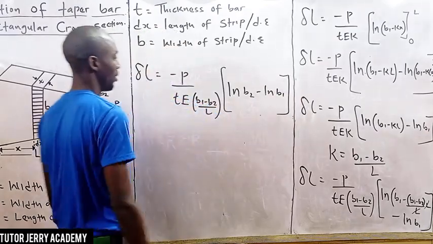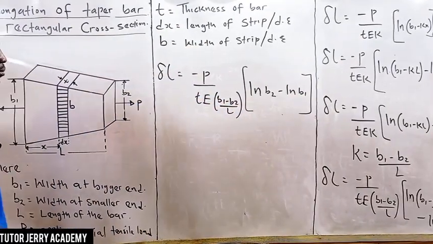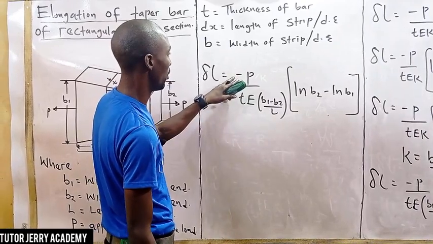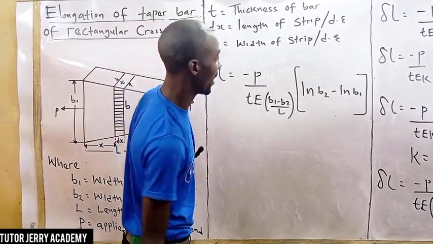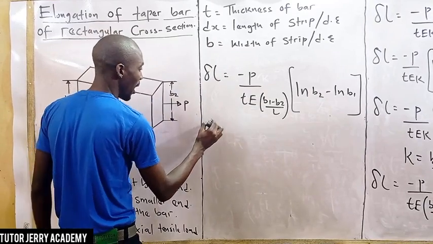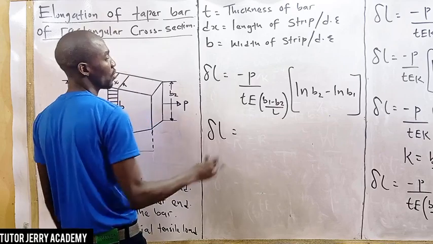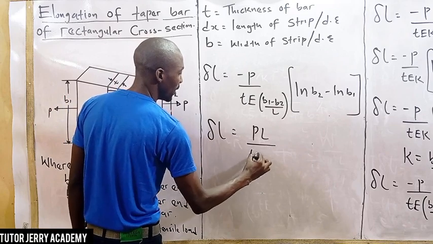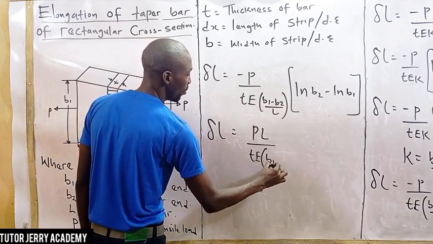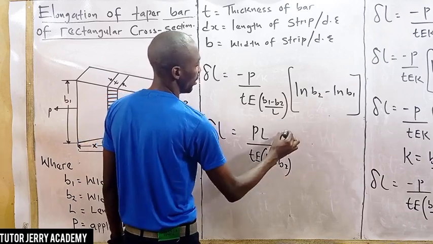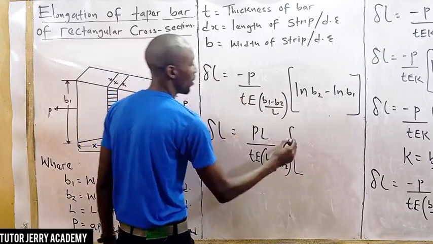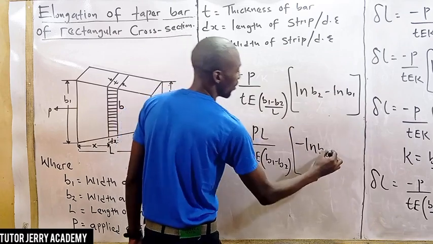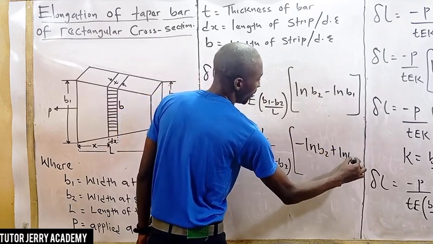Again, by using this minus to multiply this bracket, this L will go up, and we are going to have P L all over T E into B1 minus B2 into minus ln of B2 plus ln of B1.